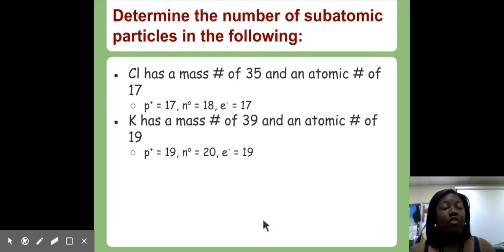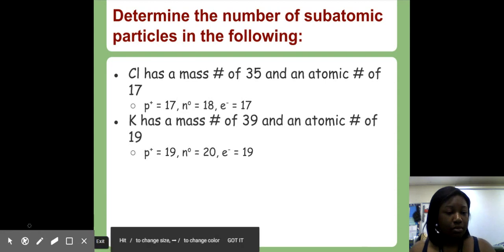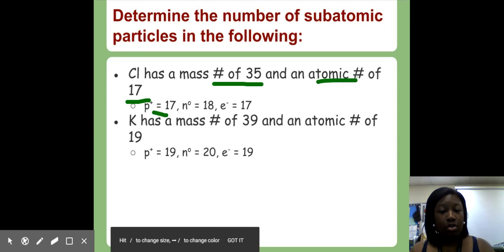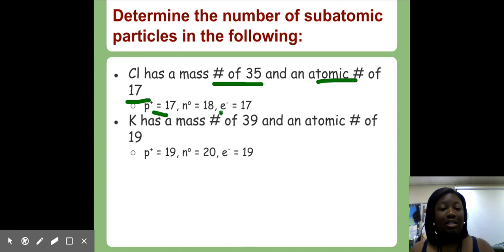All right, so we're going to do a couple more examples. Chlorine has a mass number of 35, an atomic number of 17. So we have 17 protons because we know the atomic number is what our proton is, and we know the electron is the same thing as our proton.